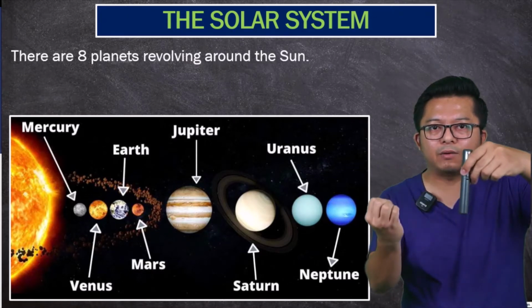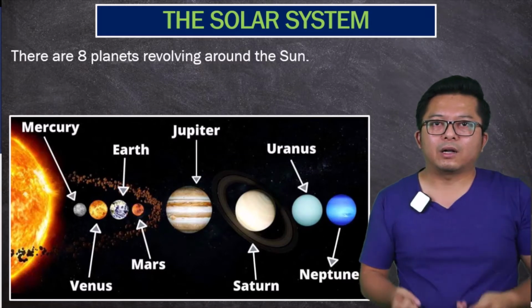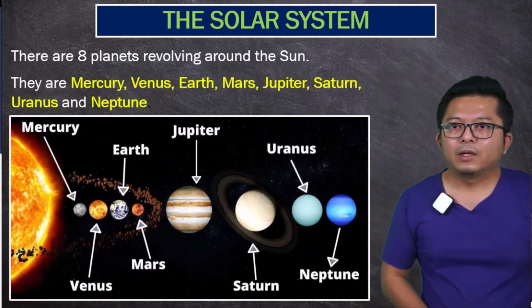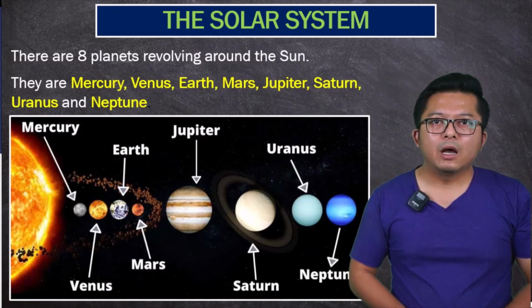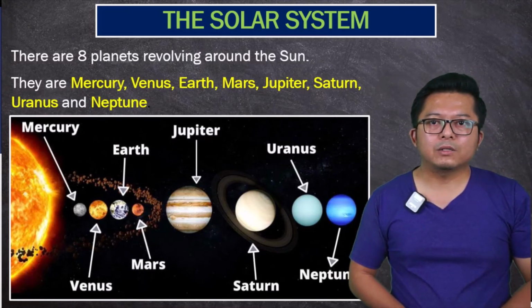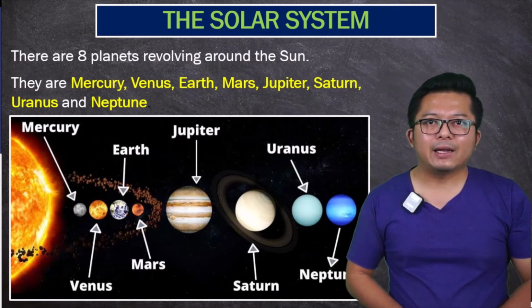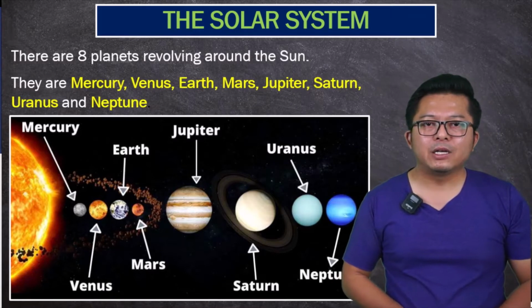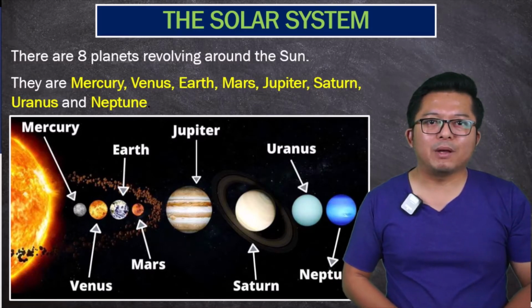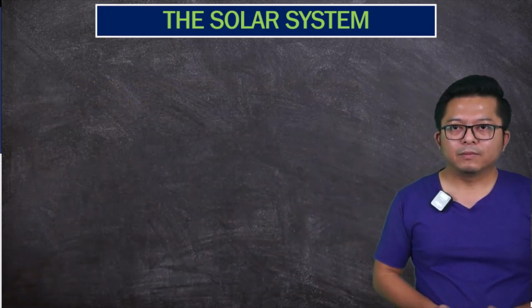To move around the sun is called revolving around the sun. So these are the 8 planets that you need to remember for science year 6.